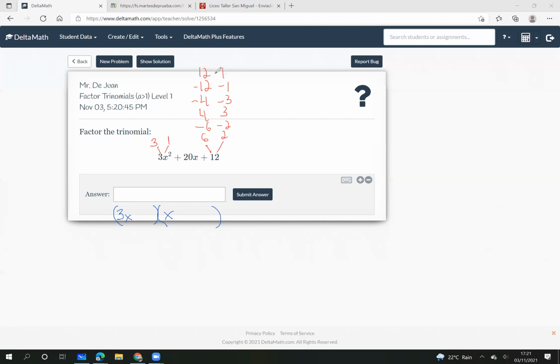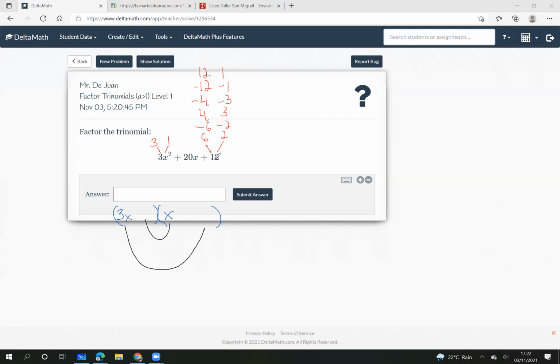So we can't do this tactic anymore. Now I need to choose the numbers because one of them is going to have to multiply with x and one of them is going to have to multiply with the outside.